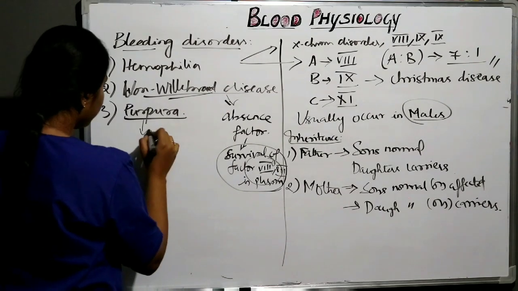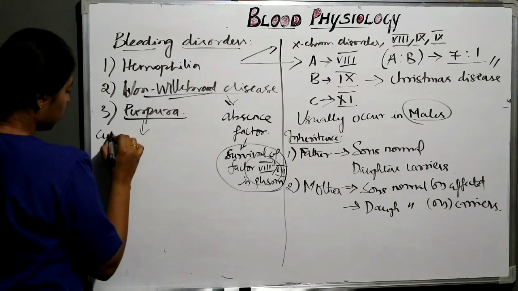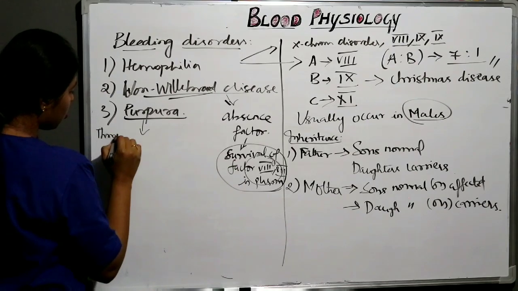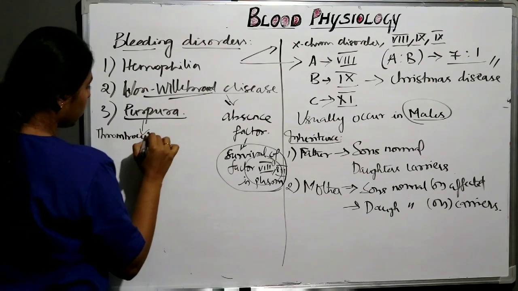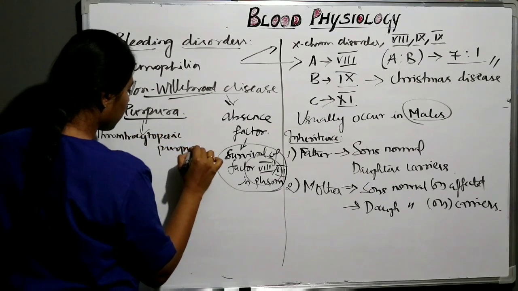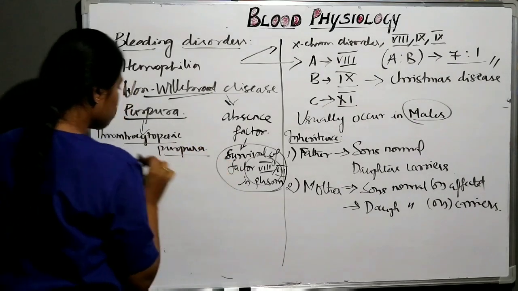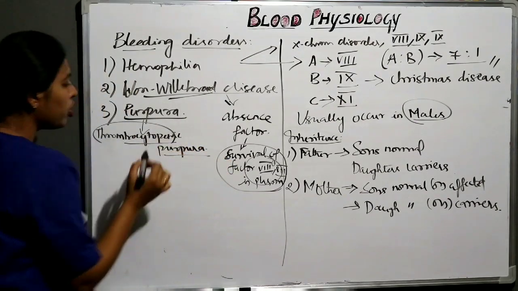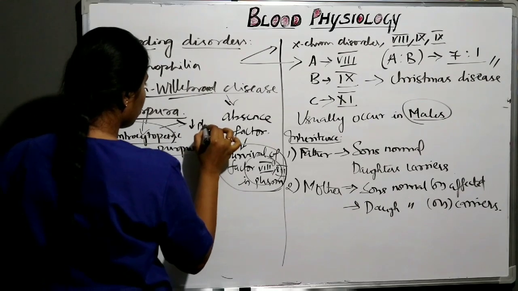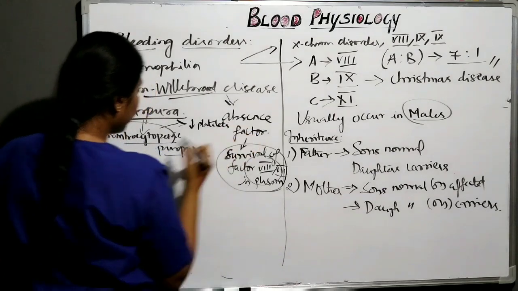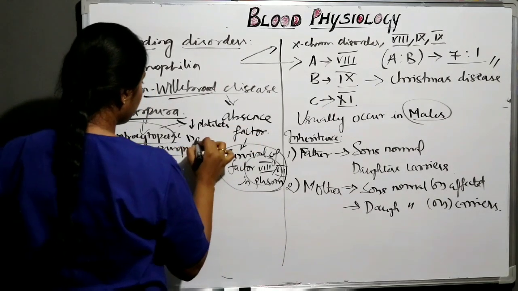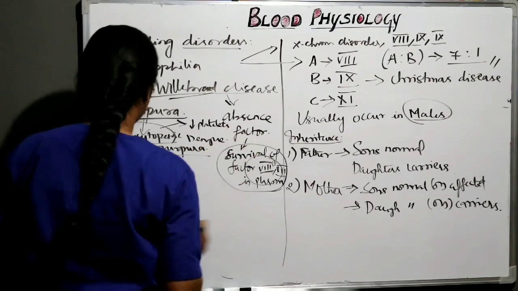In purpura, there are three types. Thrombocytopenic purpura. So, thrombocytopenia, what does it mean? It means the less amount of platelets. It occurs due to some known cause like dengue.